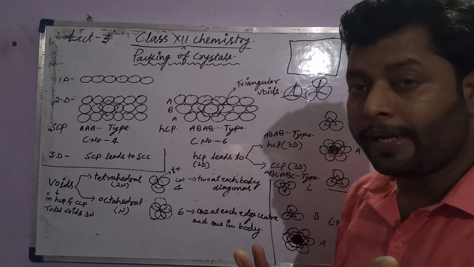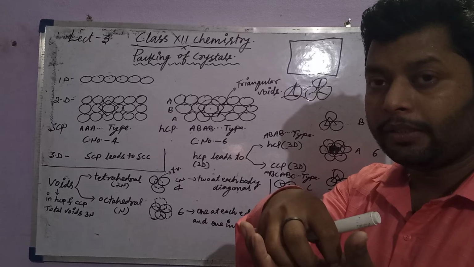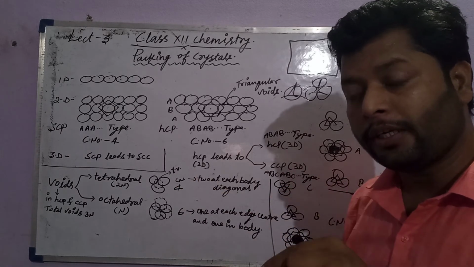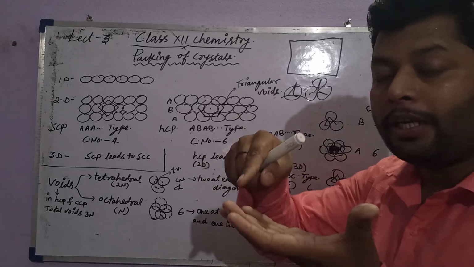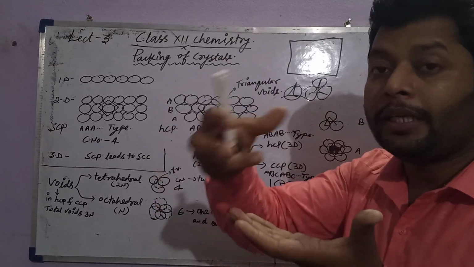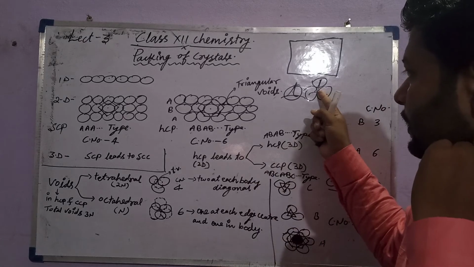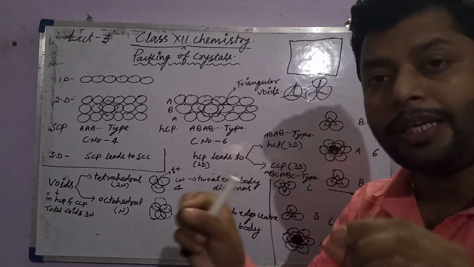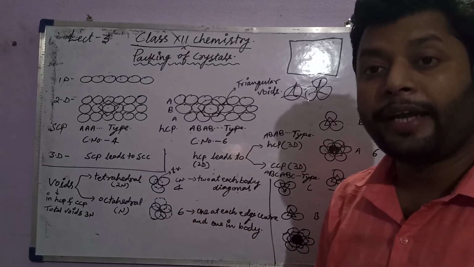In tetrahedral voids, the second layer particle completely covers the void, but in octahedral, the void is not covered by the particle. The other particles leave some more space there, and a space is still left. That is the octahedral void.